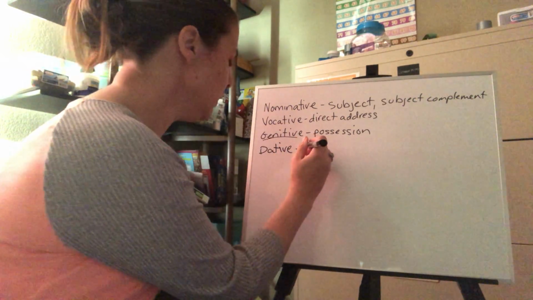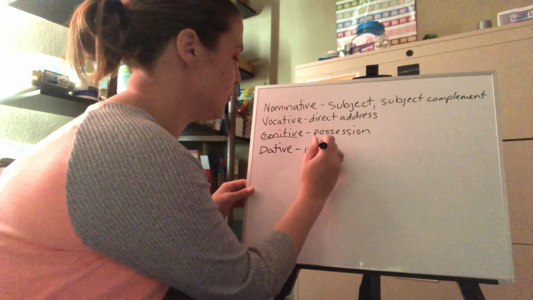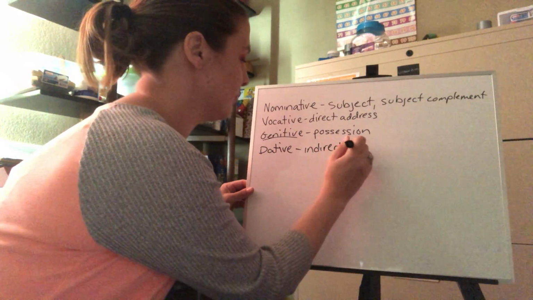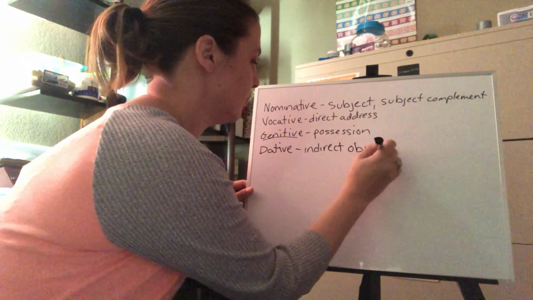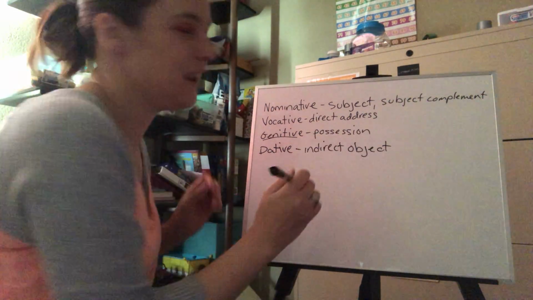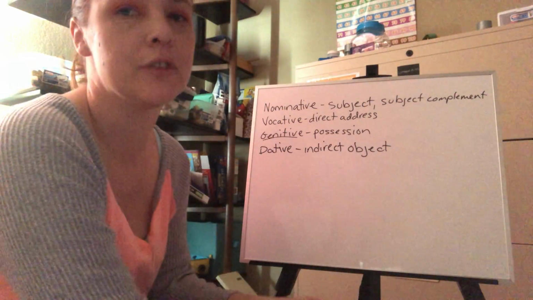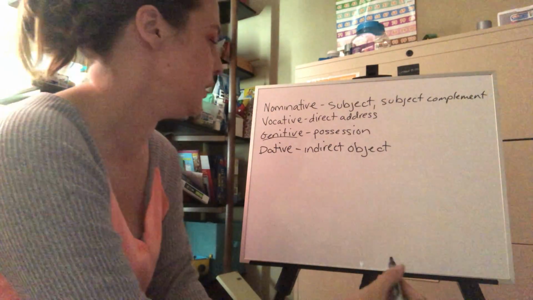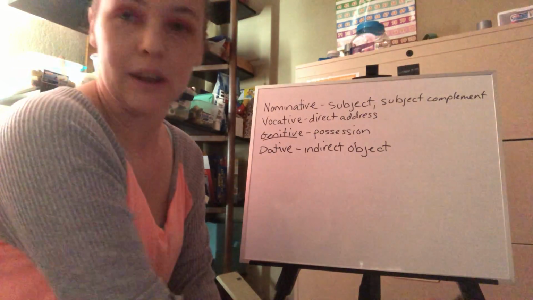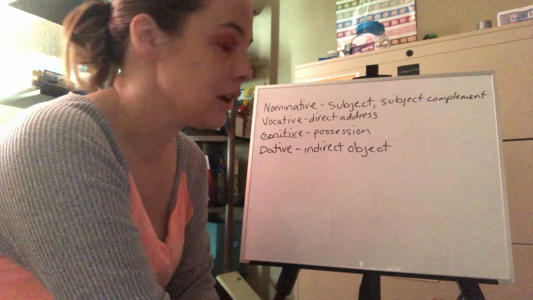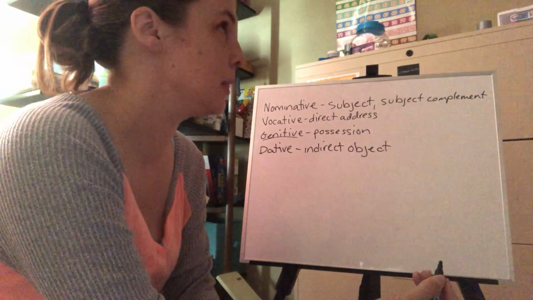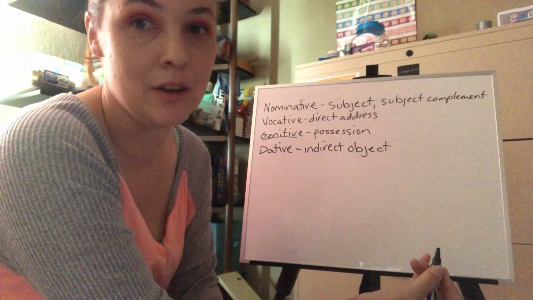This is for, oh, excuse me, indirect objects. And some other things, okay? But for right now, indirect object, that's where you need to camp. Indirect objects are the indirect recipients of an action.